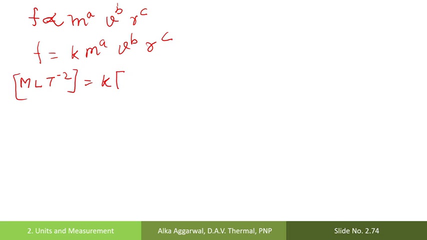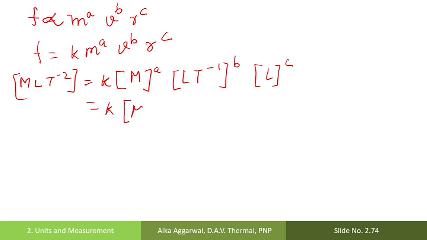Now replace mass by its dimensional formula, velocity by its dimensional formula, radius by its dimensional formula. Now collect the powers of mass, it is same. Powers of L, it is b plus c. Power of time, it is minus b.